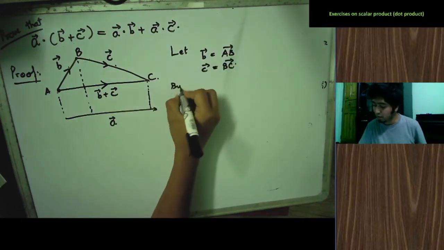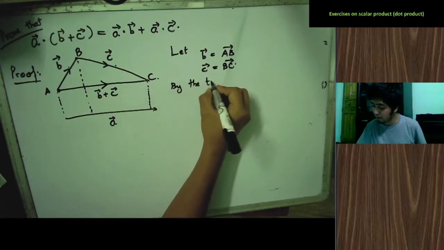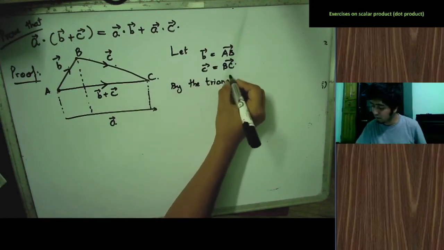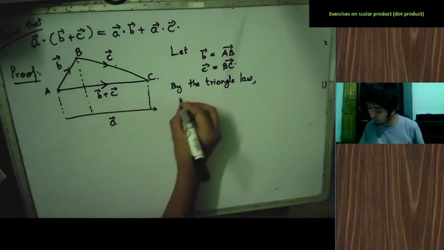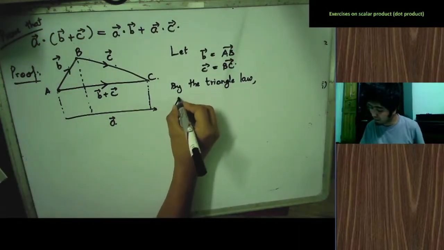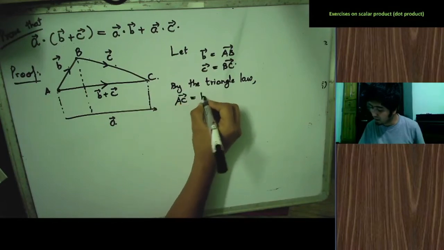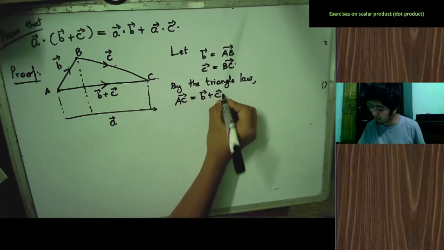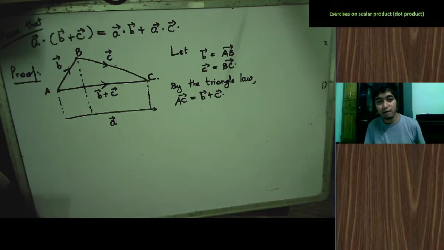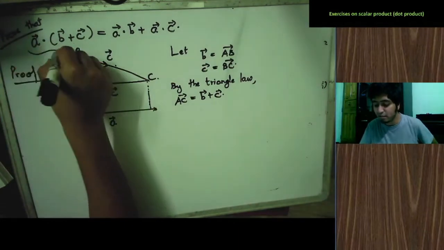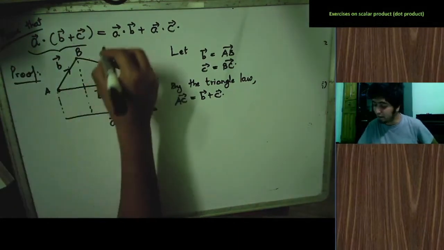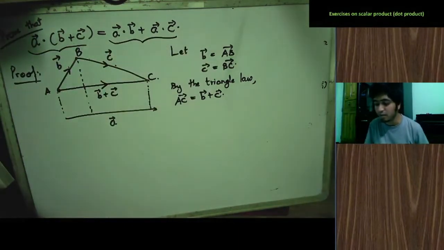By the triangle law, we will have AC bar equal B plus C. So what do we need? On the left hand side, we will need A dot (B plus C), and on the right hand side, we will need A dot B plus A dot C.